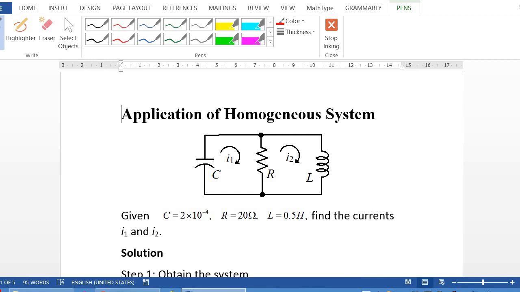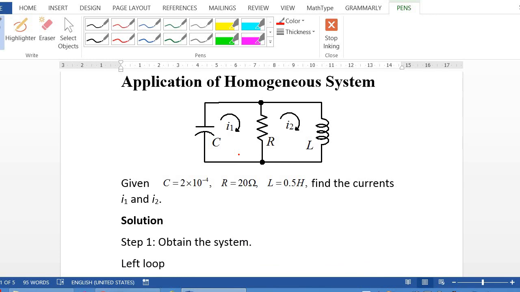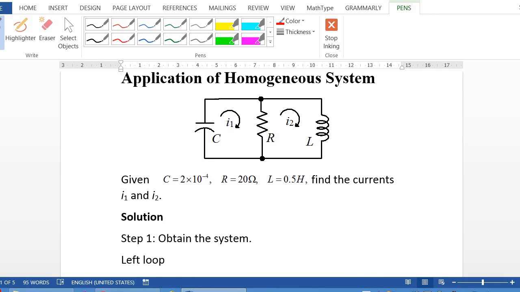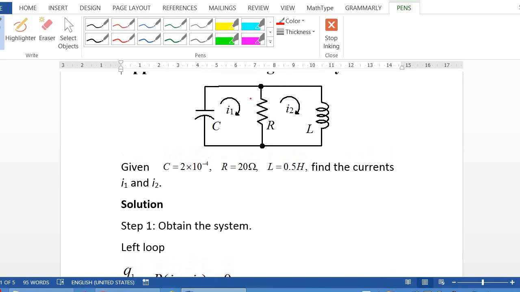First of all, we have to model the network circuit into the homogeneous system in terms of di1/dt and di2/dt. First, consider the left loop here, where this will be the VC and this is the VR.